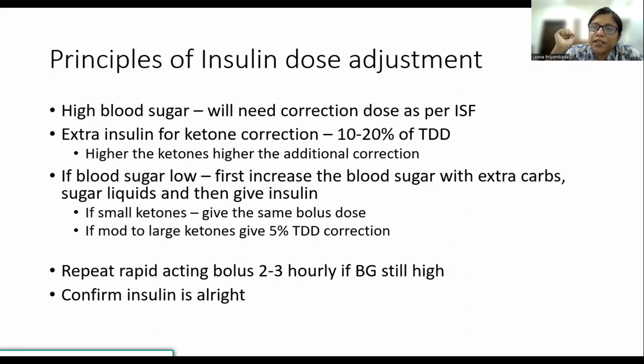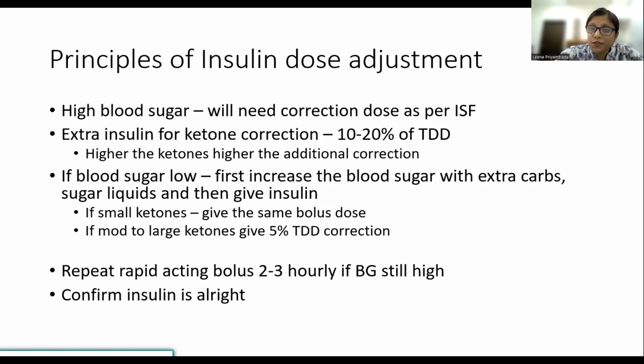When you say total daily dose, it must include the basal and all the boluses that a child is taking. All right. So if 20 units is the total dose, 5% will be 1 unit. So give 5% of total daily dose as correction.